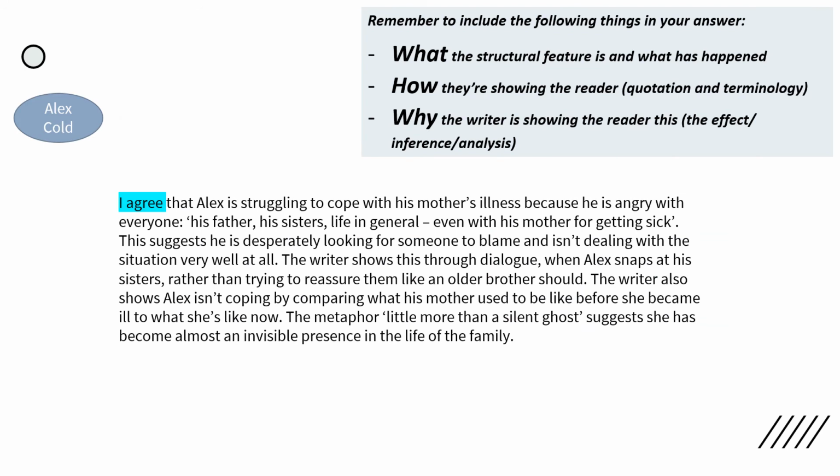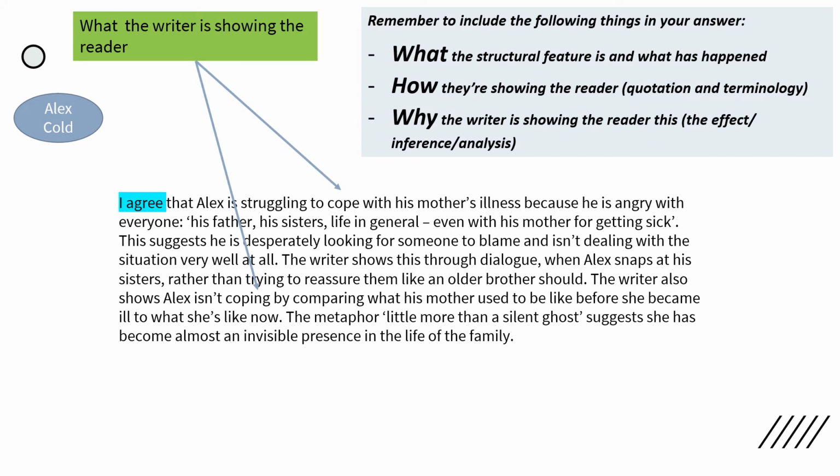So here's an example that we've looked at before with the Alex Cold extract. So I agree that Alex is struggling to cope with his mother's illness because he's angry with everybody. His father, his sister, life in general, even with his mother for getting sick. This suggests he is desperately looking for someone to blame and isn't dealing with the situation very well at all.